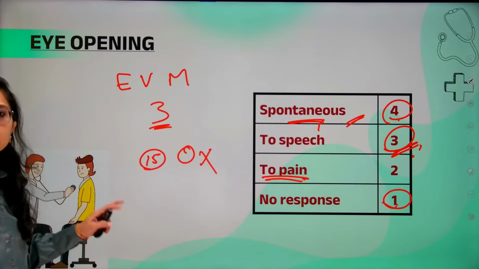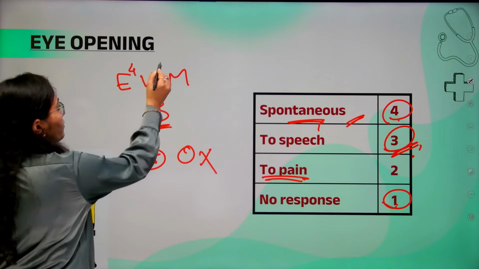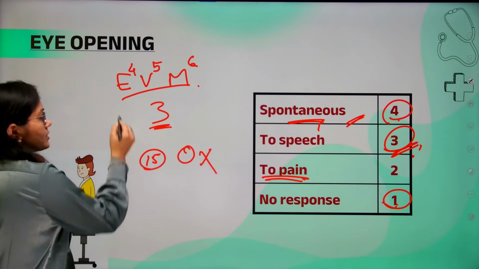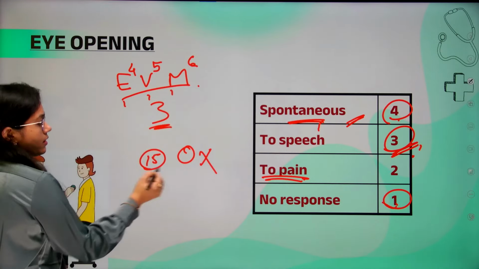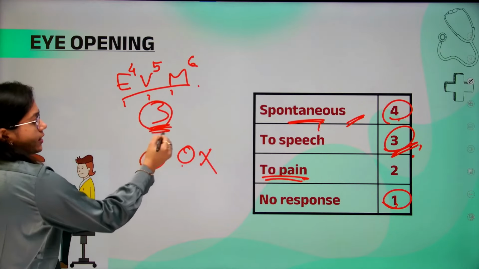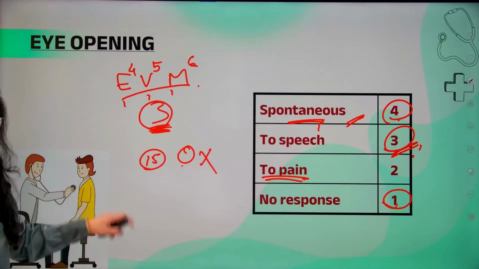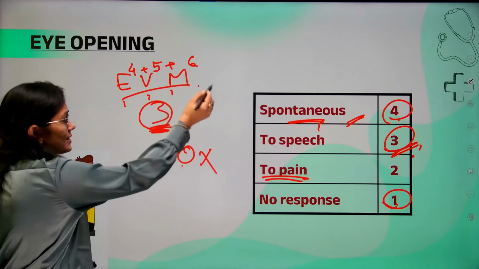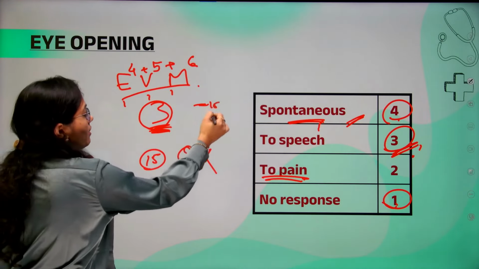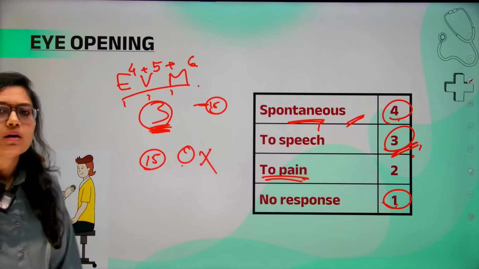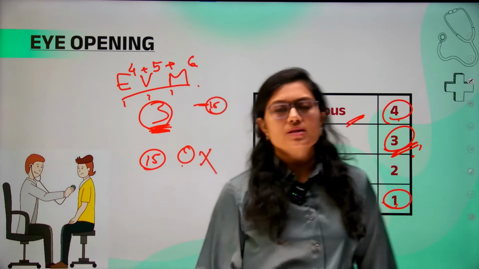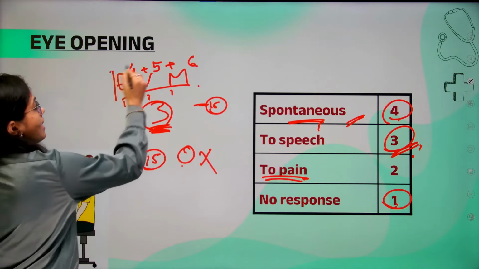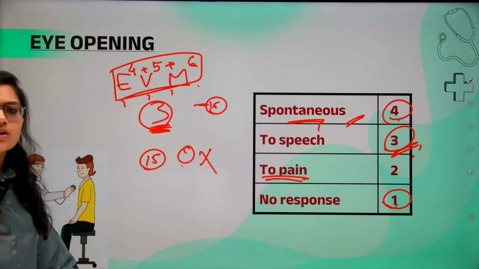E, eye opening, is 4, V is 5 and M is 6. So the minimum response in all these 3 is 1, 1, 1, so the minimum would be 3, and the maximum is 4 plus 5 plus 6, that is 15. That is the maximum score of the GCS. We have other scoring as well, but this is very basic. This is how you write a GCS for any patient.